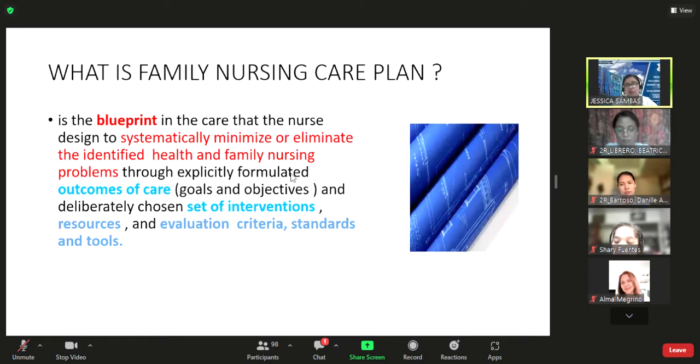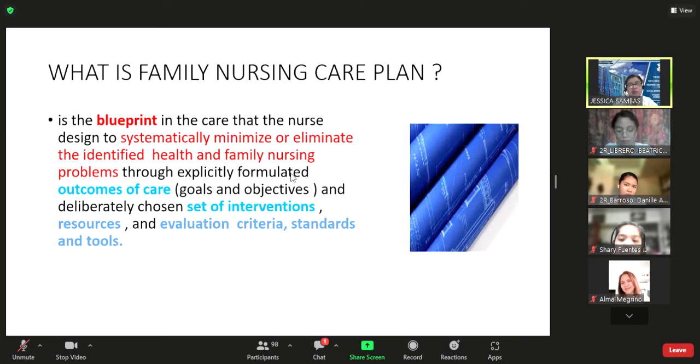So how do we evaluate the family? That depends upon the previously set criteria, which is stated in our objectives. We also make use of baselines, like standards that we have to follow, for example the BMI of the patient.